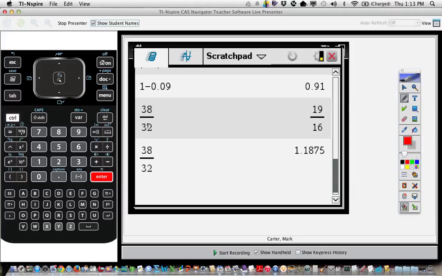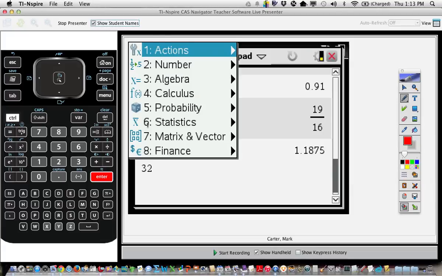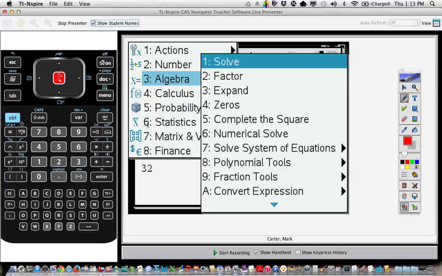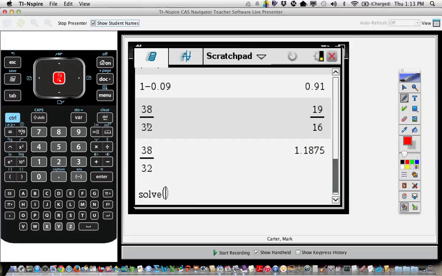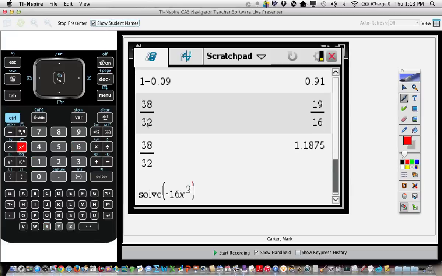So let's go menu, algebra, solve. Put in the equation, negative 16x squared plus 38x plus 74 equals 0, comma x.